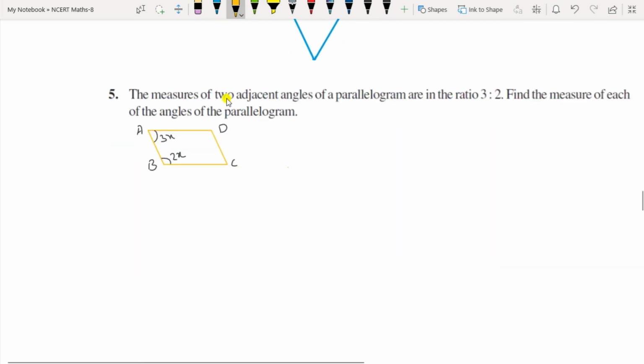Then the next question is, the measures of two adjacent angles of a parallelogram are given in the ratio 3:2. Find the measure of each of the angles of the parallelogram. Now this is a parallelogram ABCD. The measures of two adjacent angles, A and B, have been given as 3:2. So angle A is to angle B equal to 3:2.